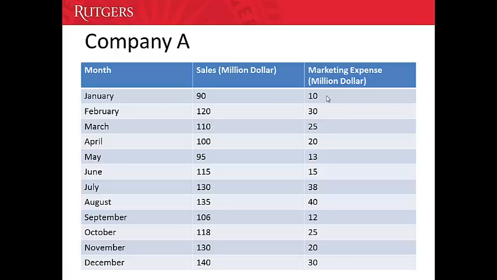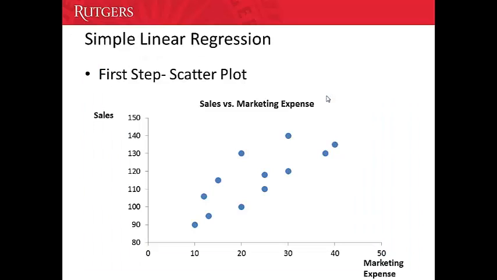In order to identify their relationship, we can use linear regression. The first step is to plot the data sets in a scatter plot. So you can see those 12 months' expense and sales. Based on this, you can easily identify the relationship between the variables.